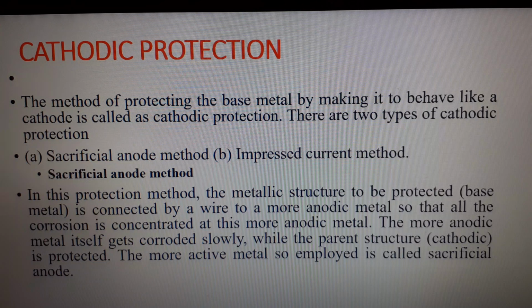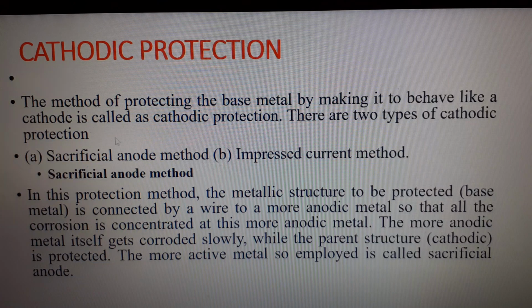Now, cathodic protection: the principle involved in this method is to force the metal to be protected to behave like a cathode, thereby corrosion does not occur. What is the principle?